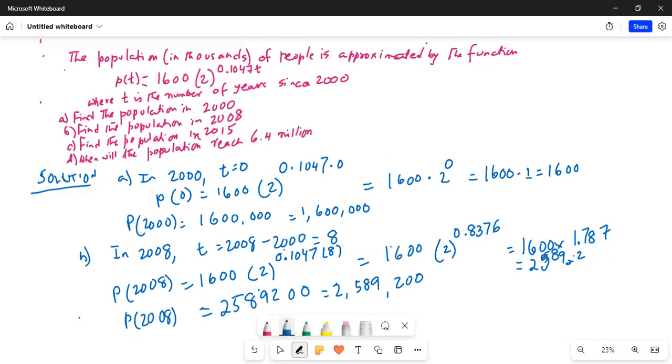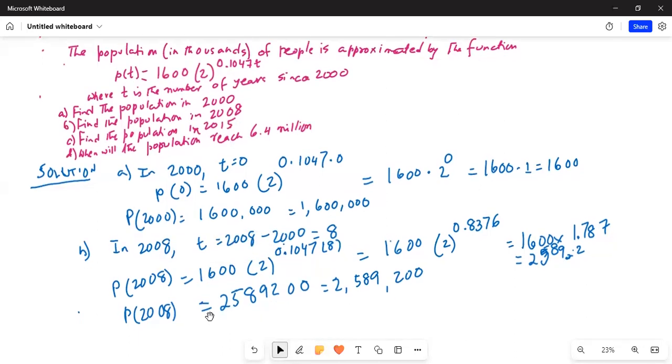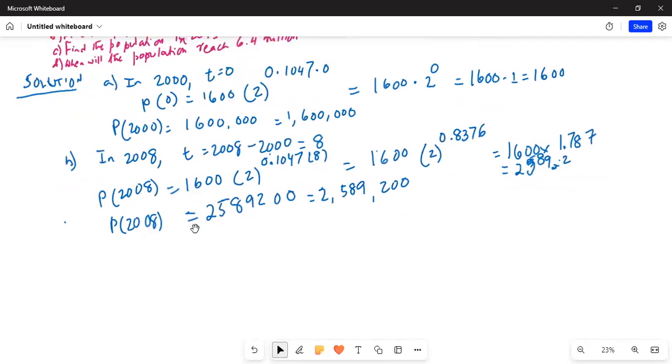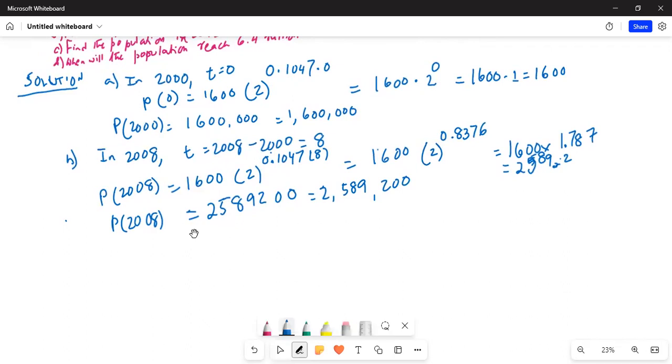Now we will do part C. So I'll create some space. Part C said 2015. So in 2015, t is equal to 2015 minus 2000, which is 15.